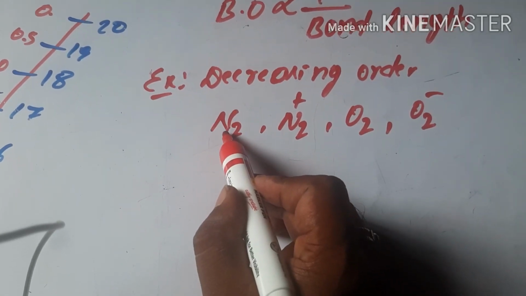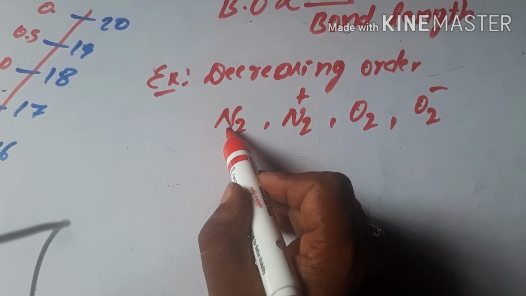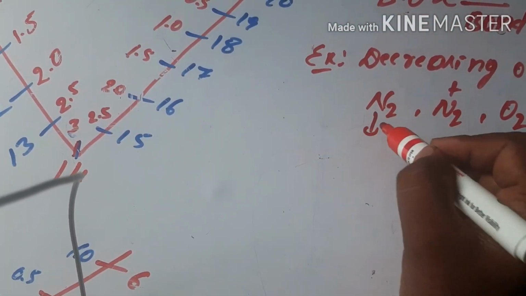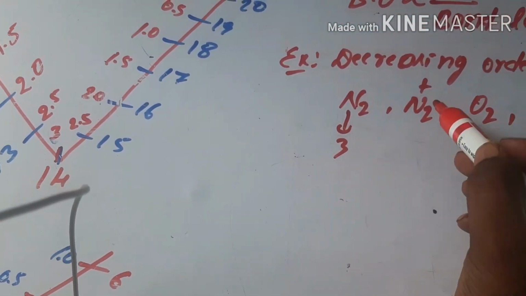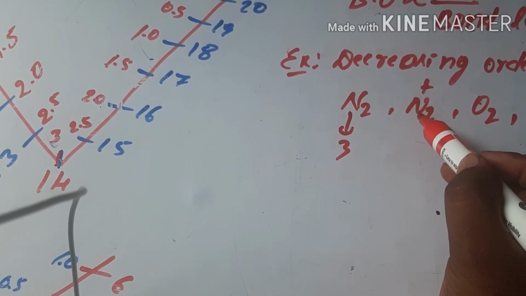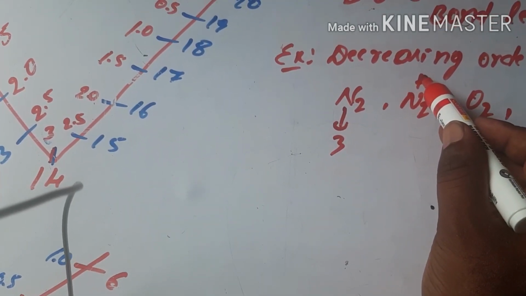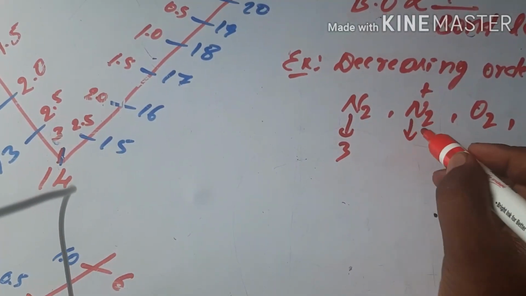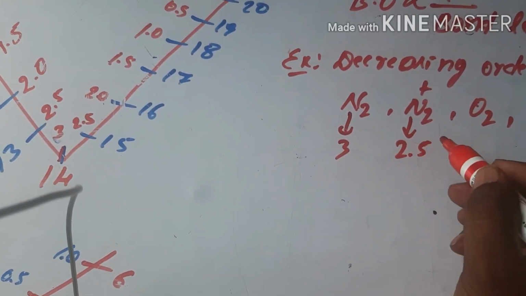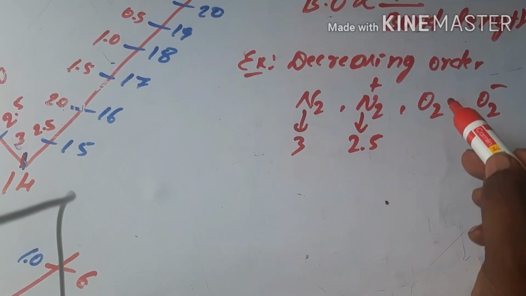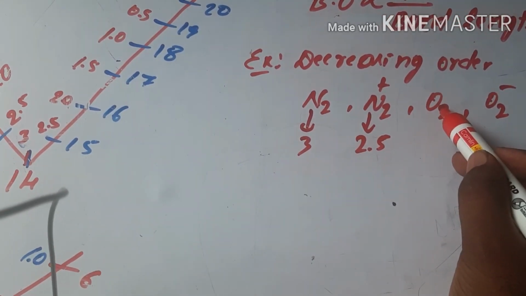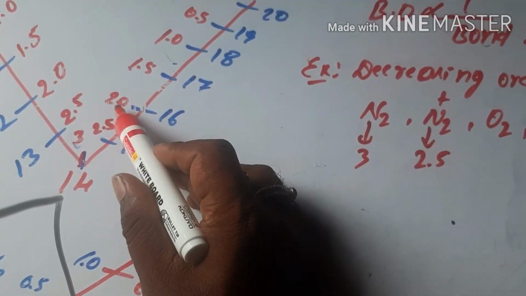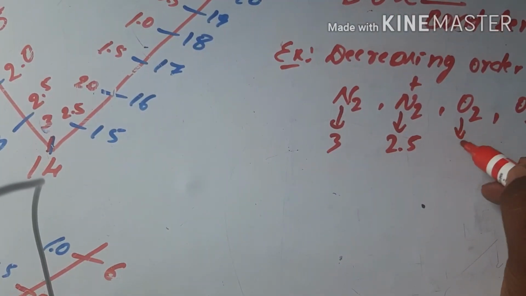For N2, 7 into 2, 14 electrons, means bond order 3. For N2 plus, 14 minus 1, 13, the bond order is 2.5. For O2, 8 into 2, 16, the bond order is 2.